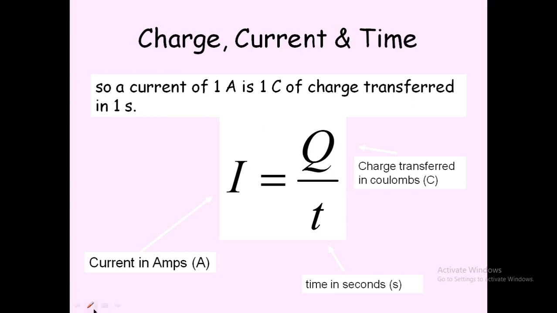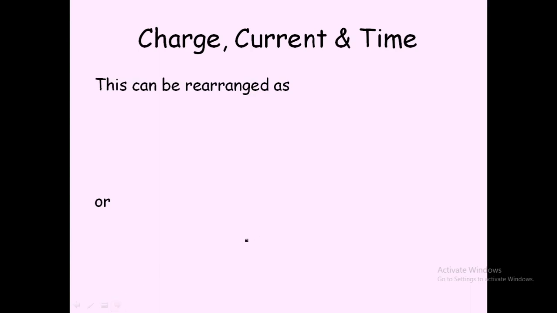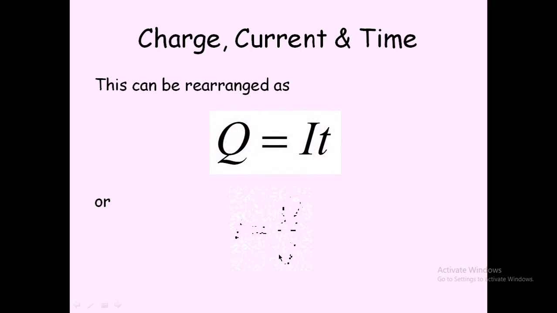If it is 1 coulomb of charge divided by 1 second of time, then we get 1 ampere of current. So this is what we define in terms of coulombs. Now this can also be rewritten as Q equal to I times T, or T equal to Q upon I.